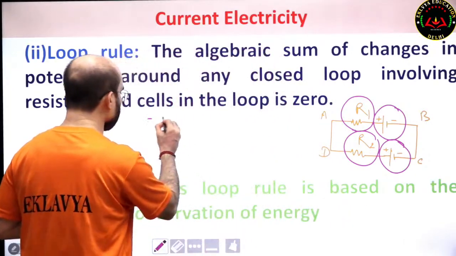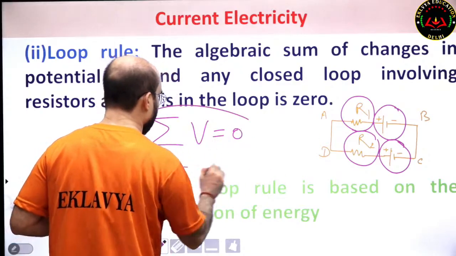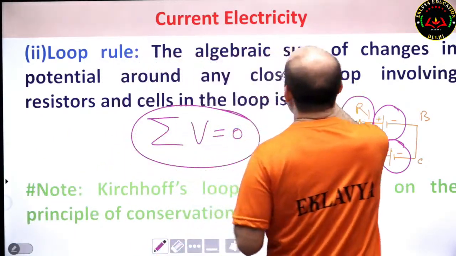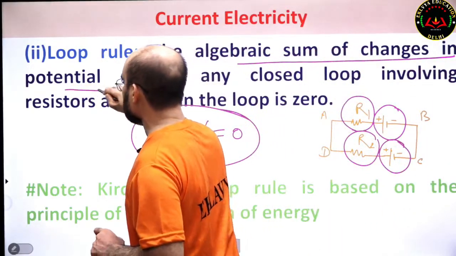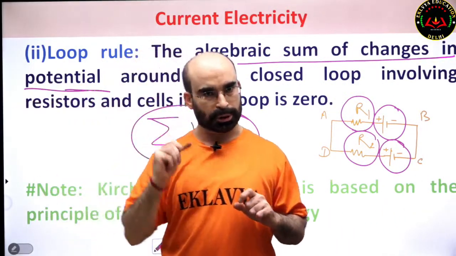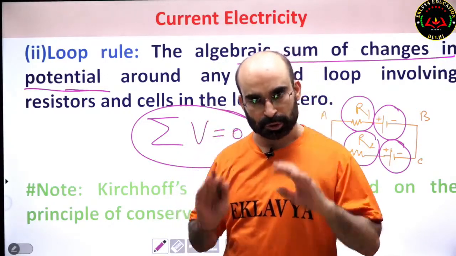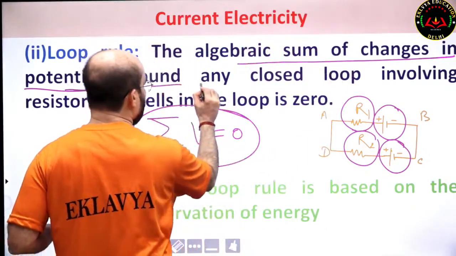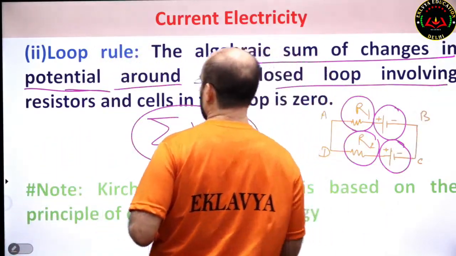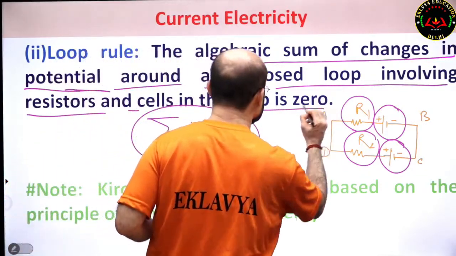What is the law mathematically saying? This equals 0. The algebraic sum of changes in potential, where changes in potential means potential difference or potential drop, makes the same meaning, right? The potential around any closed loop involving resistors and cells is 0.